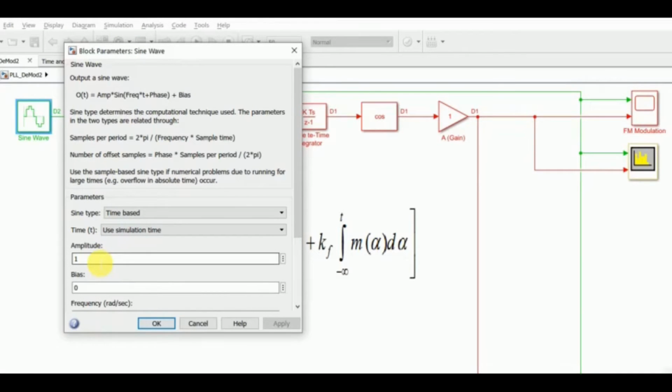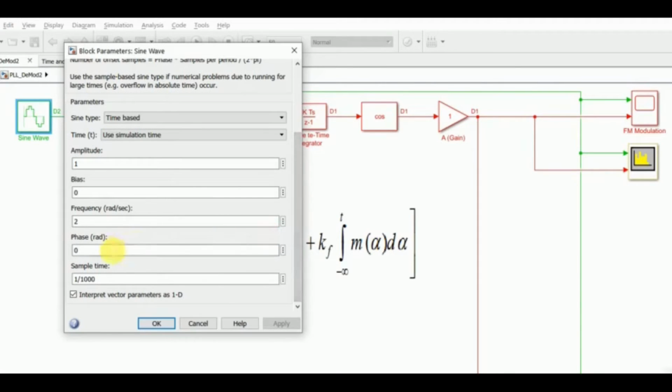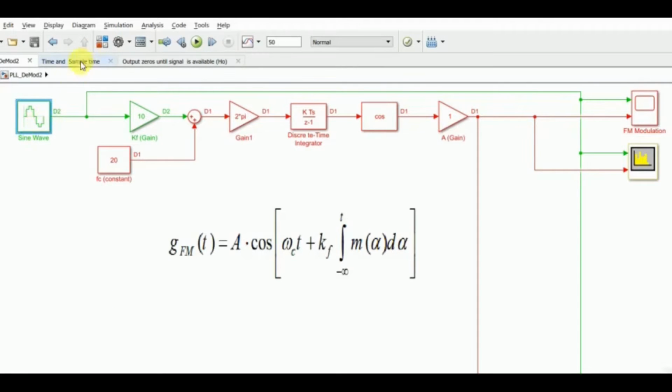I have set the amplitude equal to 1. This is simply 2 radians per second, and I have set sampling time equal to 0.001. Note that these blocks can be obtained from library browser, right?